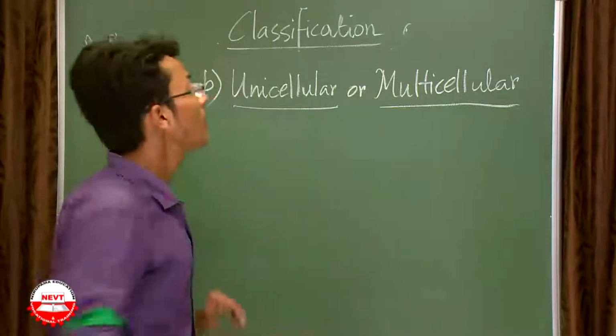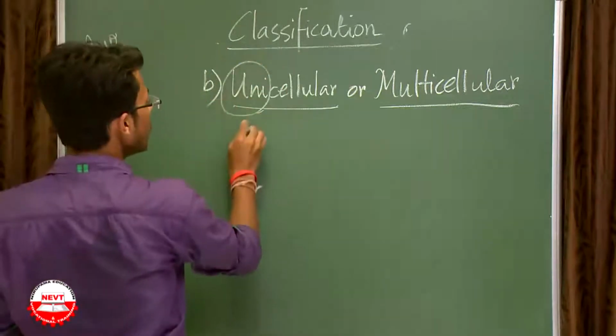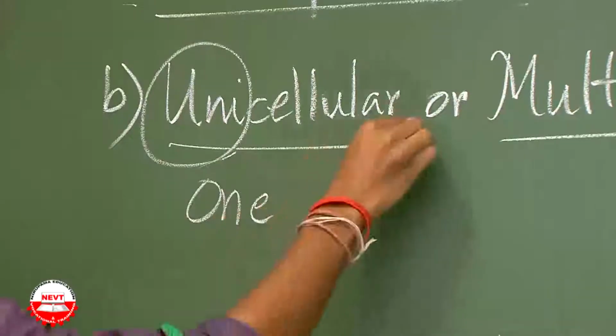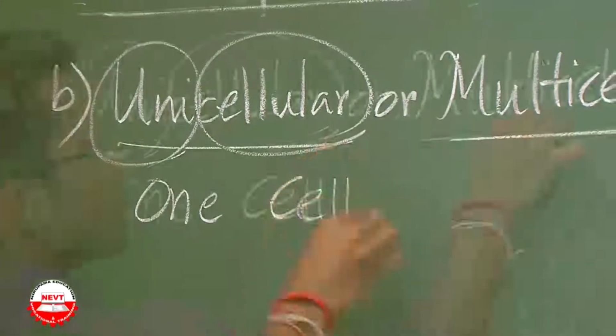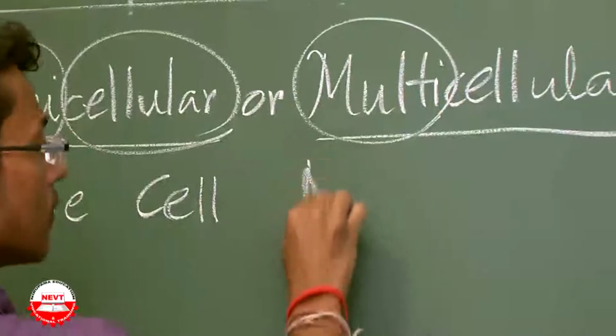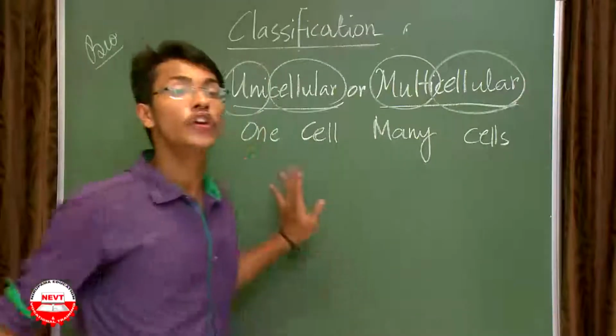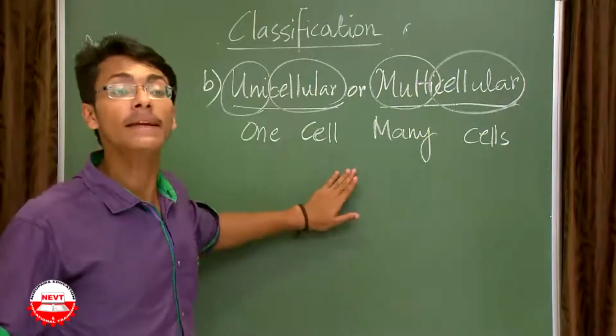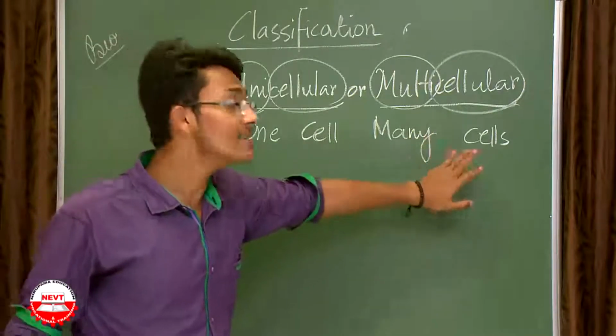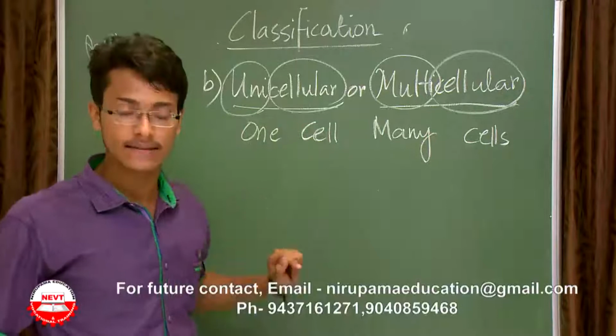Again break the term. Uni means one, multi means many. Many cells and one cell.